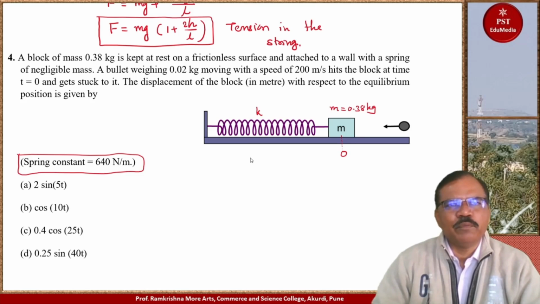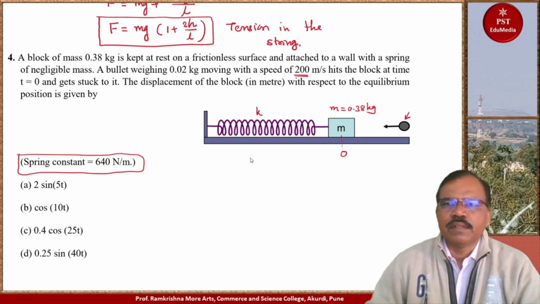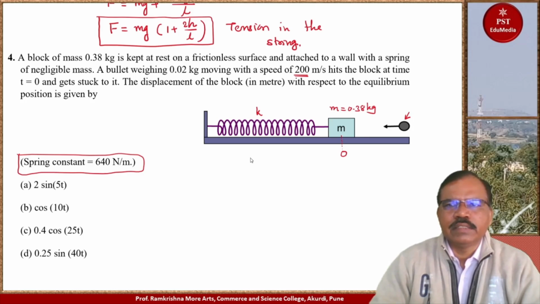A bullet of 0.02 kg moving with a speed of 200 meter per second hits the block at time t equal to 0 and gets stuck to it.